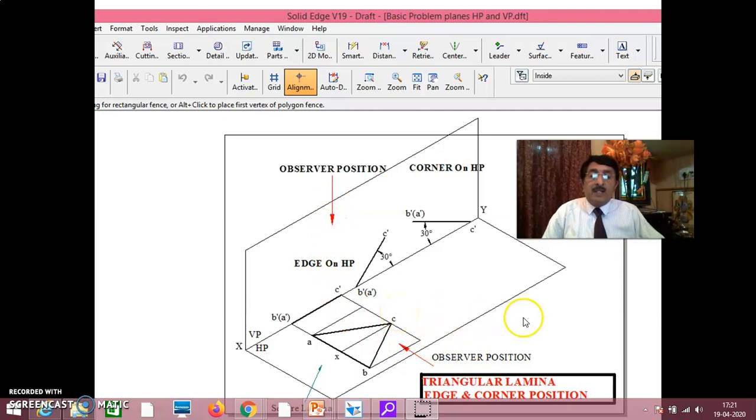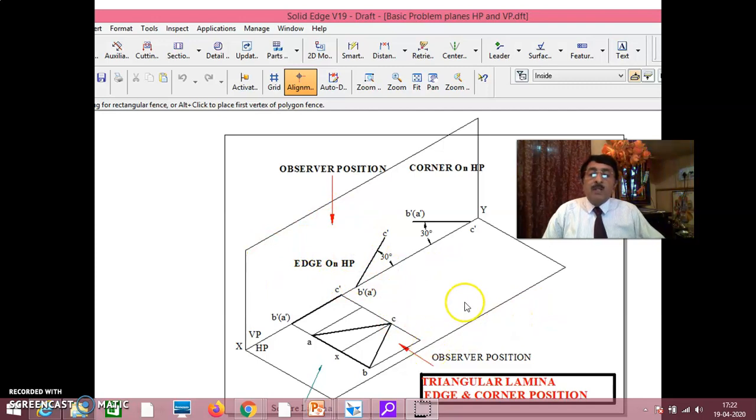This you can never forget. The observer's direction of vision is perpendicular to VP to get the front view, perpendicular to HP to get the top view. On HP you get the top view, on VP you get the front view.